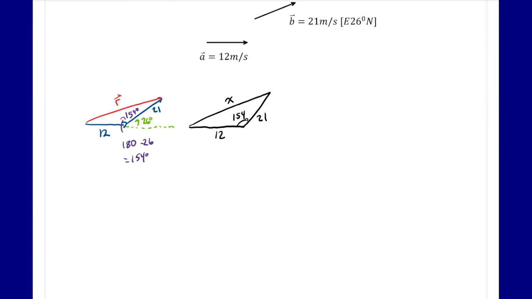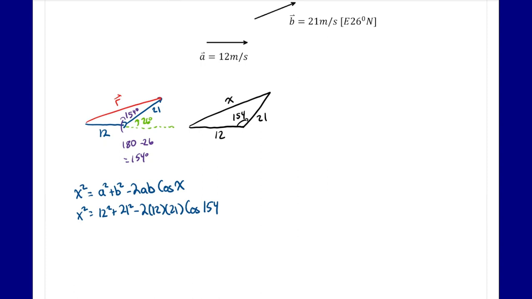So cosine law, if we're missing, our x squared is equal to, we said it was a squared plus b squared minus 2ab times cosine of, in this case, x. X squared is equal to 12 squared plus 21 squared minus 2 times 12 times 21 times cosine of 154.